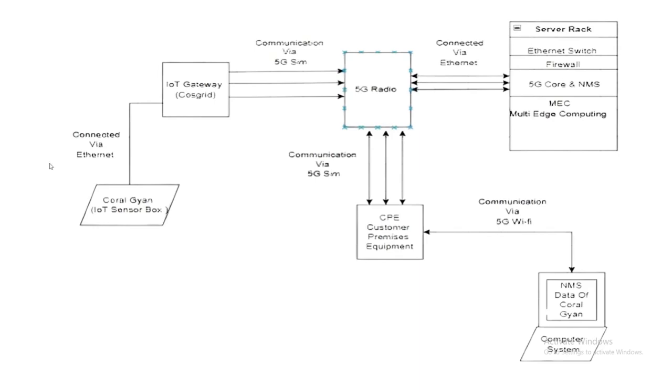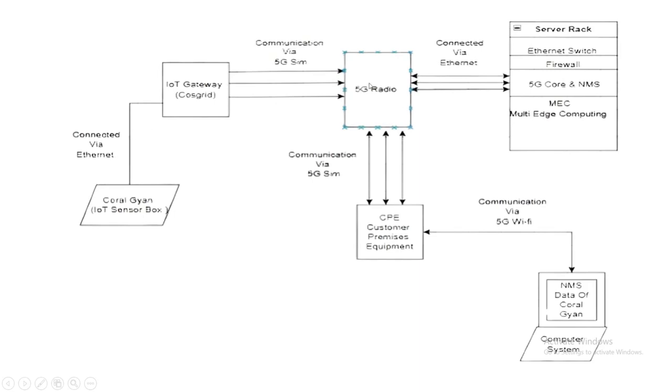This Coral Yarn does not have a transmitting capability, so it is connected to an IoT gateway. This connection is usually established via Ethernet, and this IoT gateway is able to monitor that particular data of Coral Yarn, which is coming from the IoT sensor box, and it is able to transmit that data to the 5G radio.